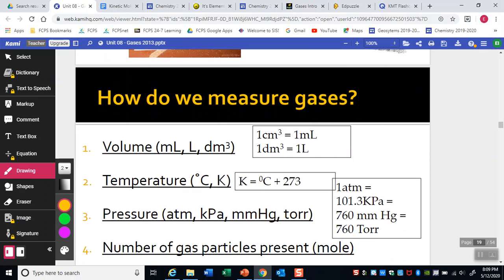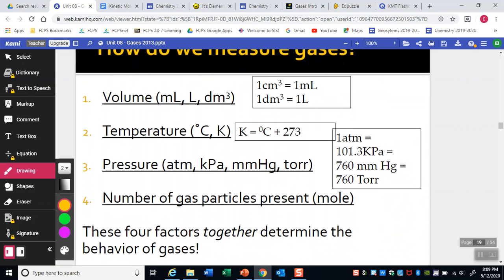All right, so how do we measure gases? We can measure the volume of gas, right? How much space it fills up. And these would be the units. We can measure the temperature of the gas, and we always do that in kelvins.